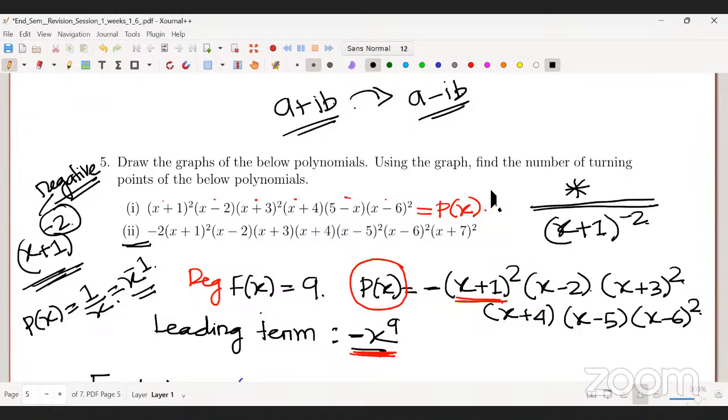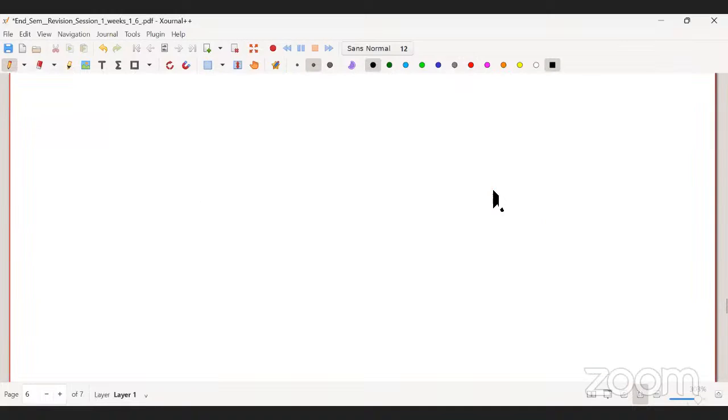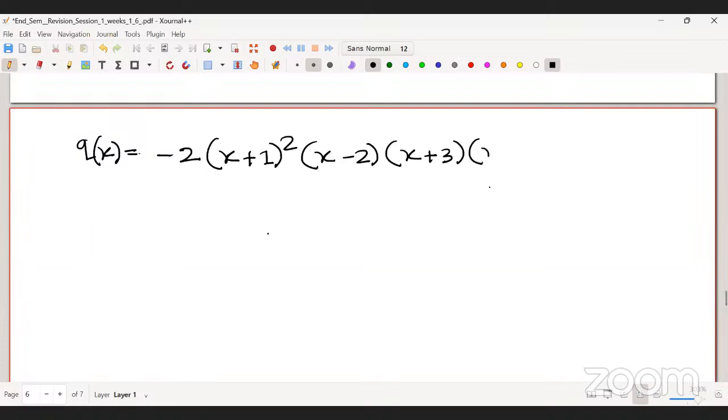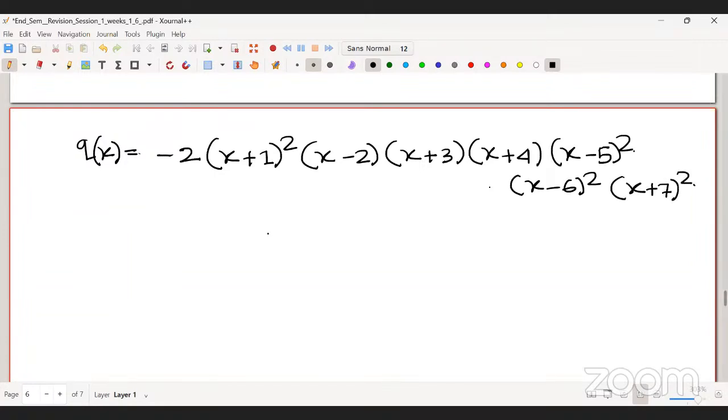So q of x is nothing but minus 2 times (x plus 1) whole square, (x minus 2), (x plus 3), (x plus 4). Okay, so now I have this polynomial. The first thing I should do is find the end behavior of the polynomial. And to get the end behavior of the polynomial, I need to know the leading term.